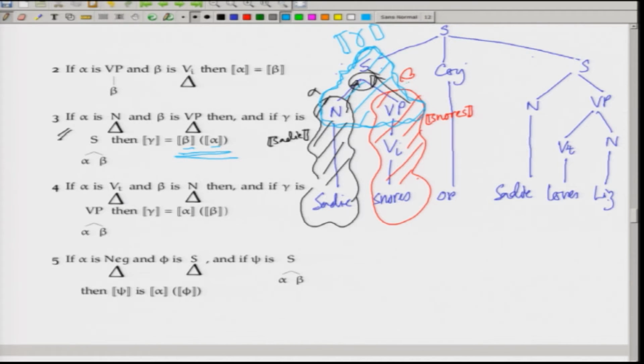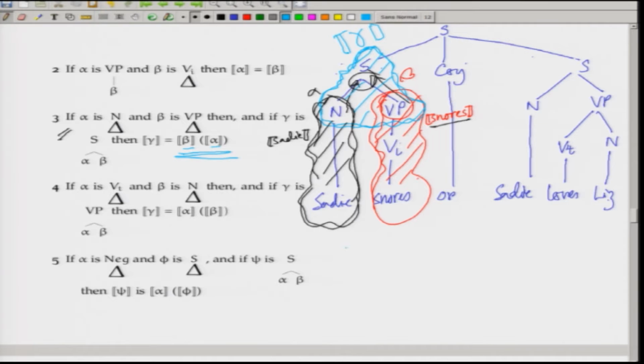We remember that this entire thing is beta, and this is alpha, right? And what is the denotation of beta? It is actually this. So what is the denotation of gamma, which is the entire thing?